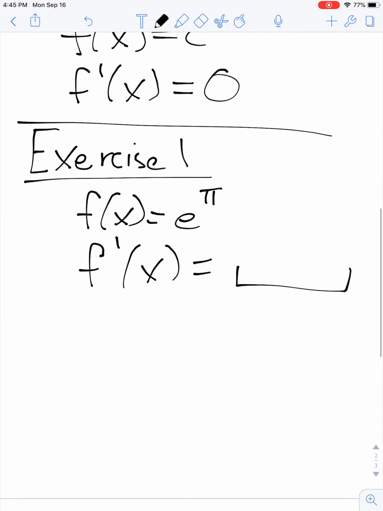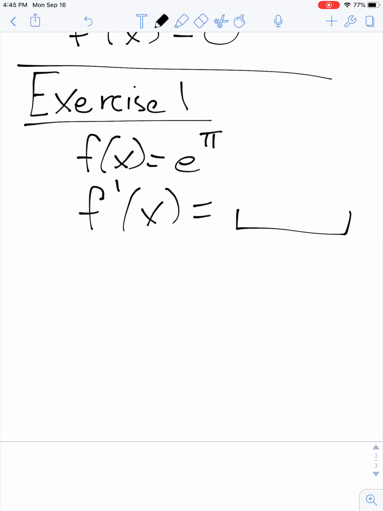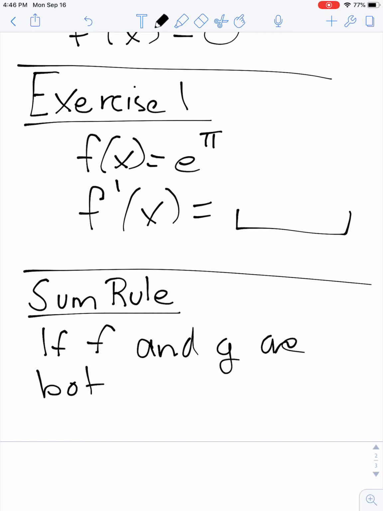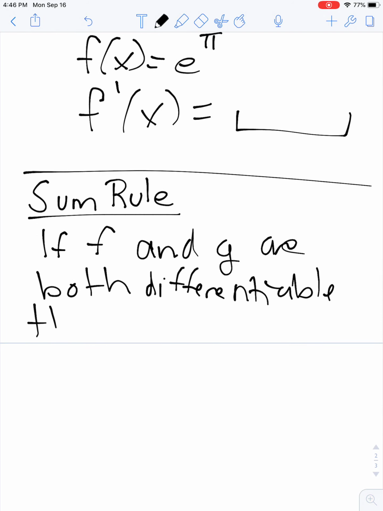So our second rule is the sum rule or the difference rule. So what does the sum rule say? So the sum rule says that if f and g are both differentiable, then their sum, f plus g, is also differentiable.